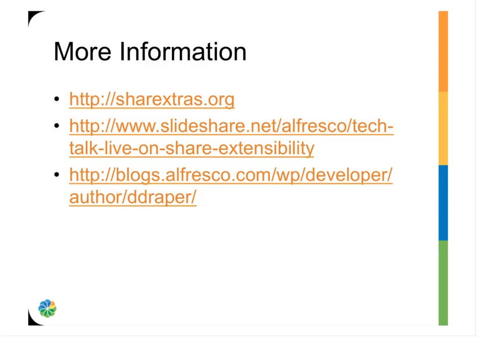Extensibility modules can now provide the code that you previously would need to put in a share config custom file. So hopefully if you do need global config, it can now go into an extensibility module. Again, I didn't really show that here, but it is another one of the topics that Dave Draper covered on his blog.